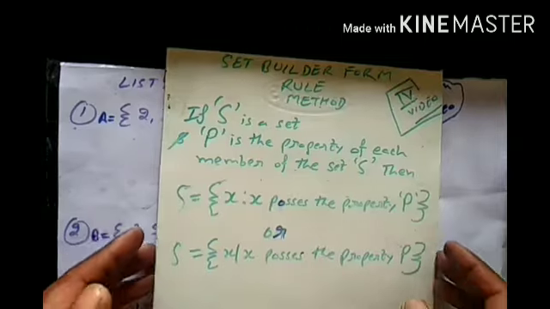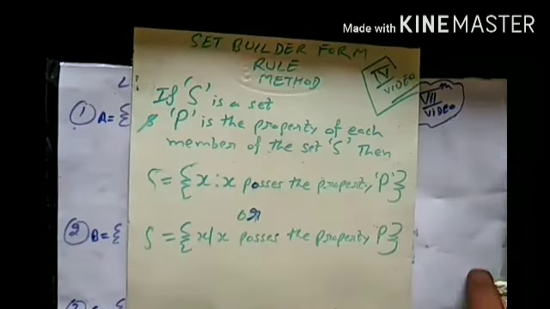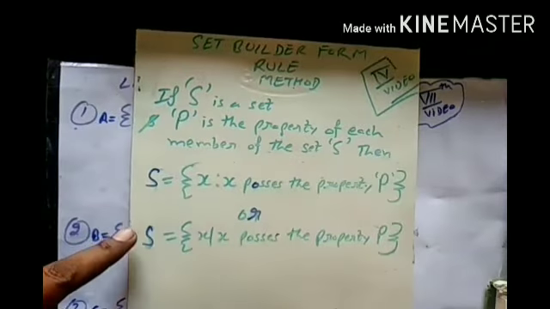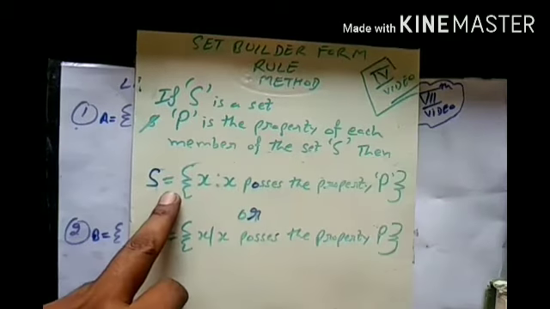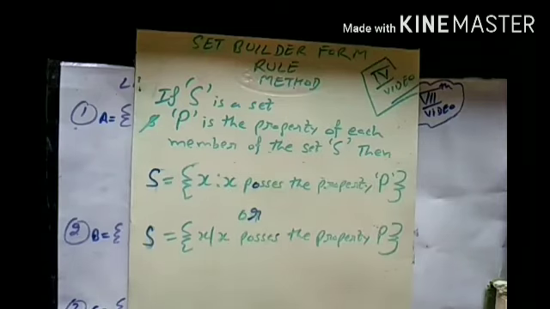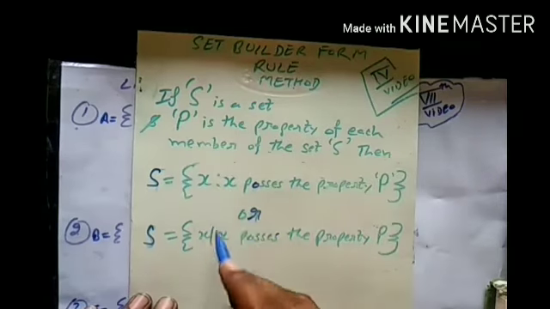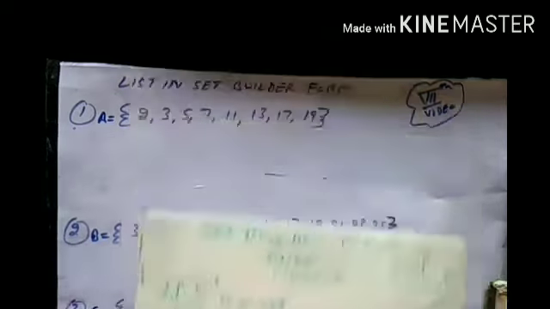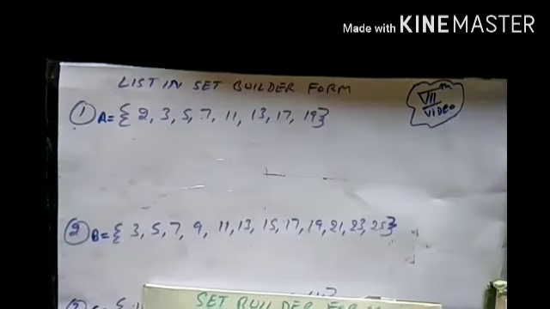After that you will write the set in the set builder form: S is equal to {x such that x possesses the property P}. You may use a vertical bar or a semicolon. Applying this definition, we are going to convert these roster forms of the set to the set builder form.